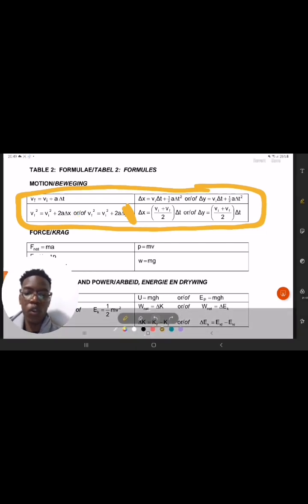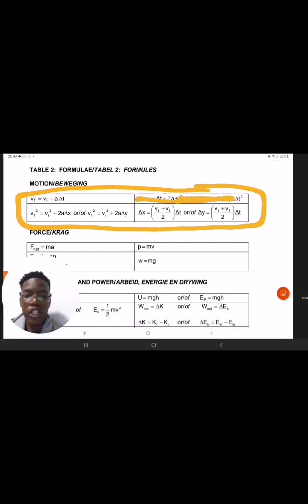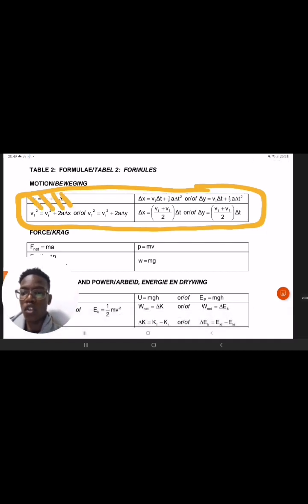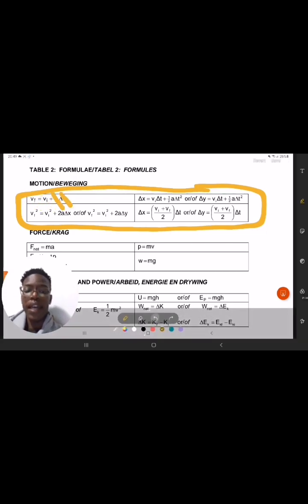But in this case, I've got delta t, I've got a, I've got vi, and I need to solve for vf, and that is why I can use this equation. I hope that makes sense.